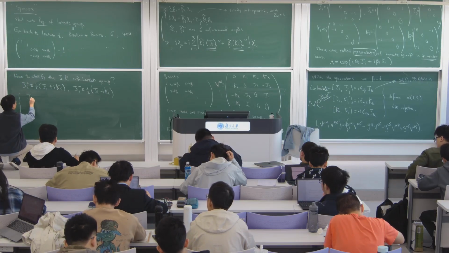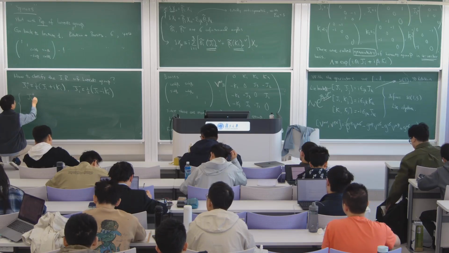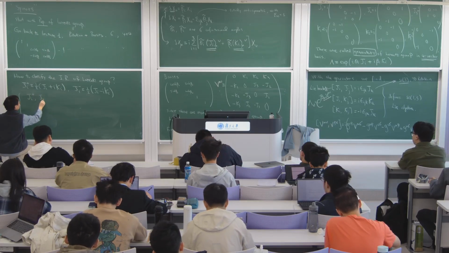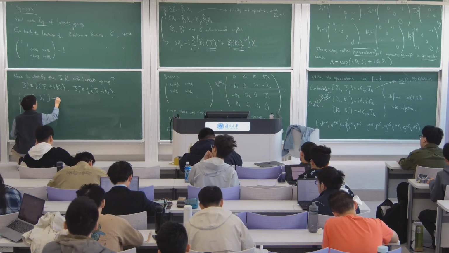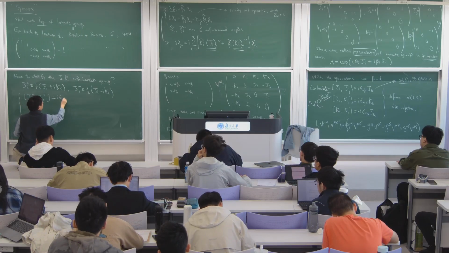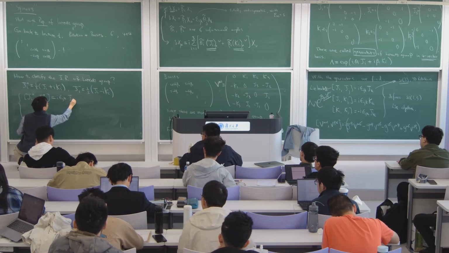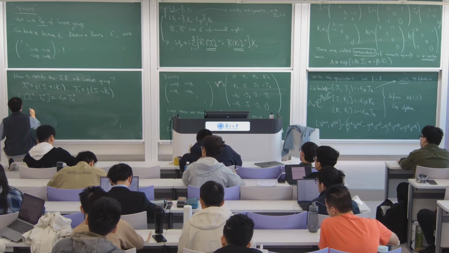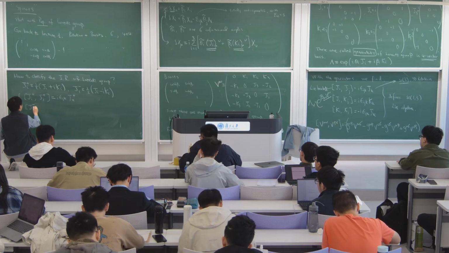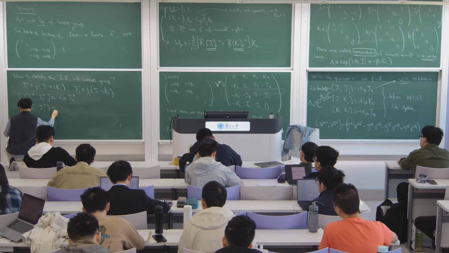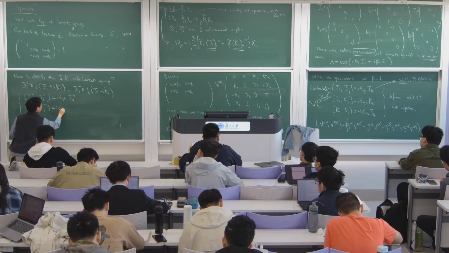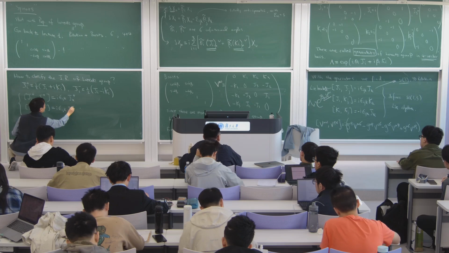Then it becomes [J_i^+, J_j^+] = i ε_ijk J_k^+, and [J_i^-, J_j^-] = i ε_ijk J_k^-.